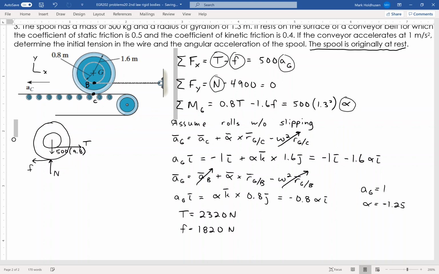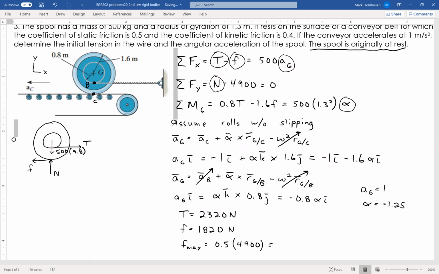Okay, but now remember, I have to prove this, right? I have to prove that it rolls without slipping, which basically means I have to make sure that that friction force does not exceed the maximum possible friction force. And that maximum possible friction force is 0.5 coefficient of static friction times the normal force, which is 4,900, which we get from the sum of the forces in the y direction.